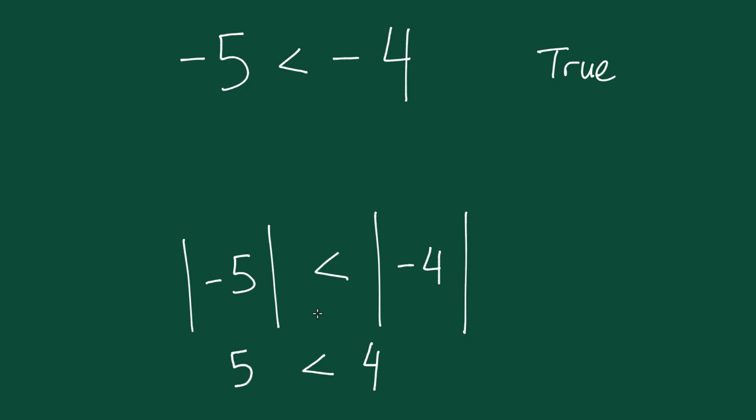So this inequality evaluates to 5 is less than 4, which is false. Okay, so make sure you understand what exactly absolute value does, because it changes the value. Every negative becomes a positive when you're doing absolute value. Okay?